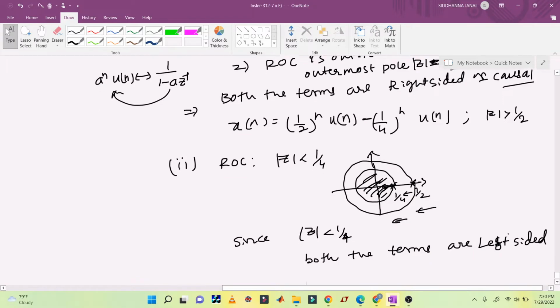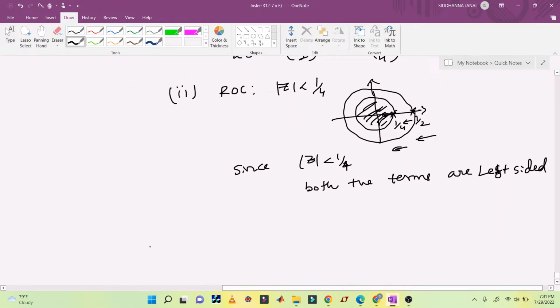Okay, both the terms are left sided. What are both the terms? x of n is minus 1 by 2 to the power n u of minus n minus 1 minus, minus of 1 by 4 to the power n u of minus n minus 1.